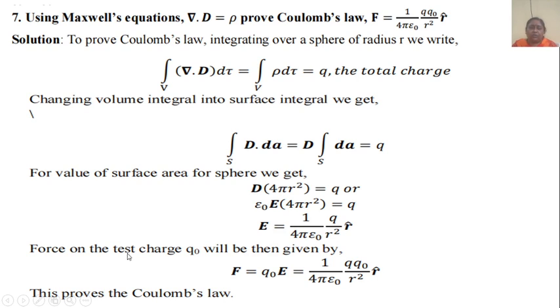Now for force on the test charge Q0, we know that F equal to Q0 into E. So F becomes 1 upon 4 pi epsilon 0 Q into Q0 upon r square into r cap. This proves the Coulomb's law from the Maxwell equation.